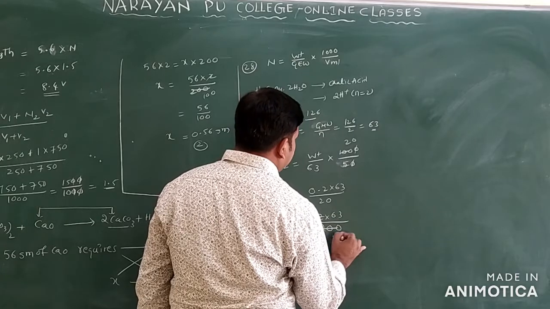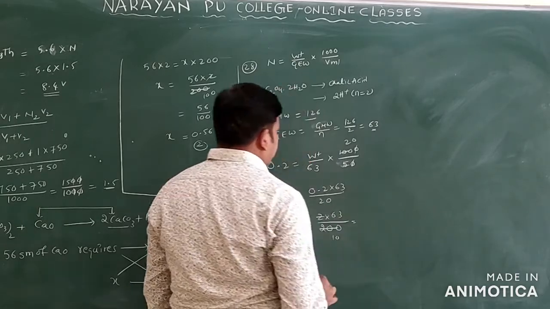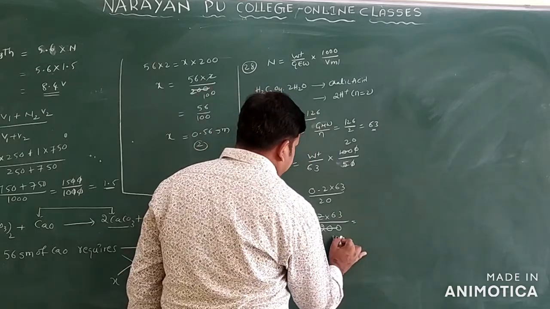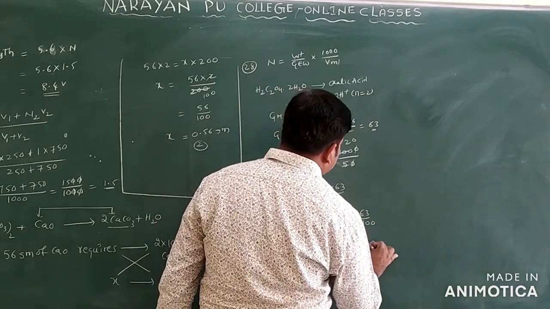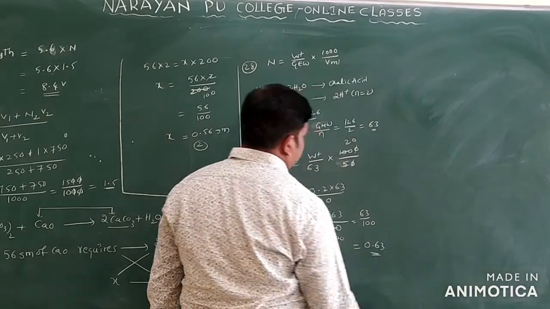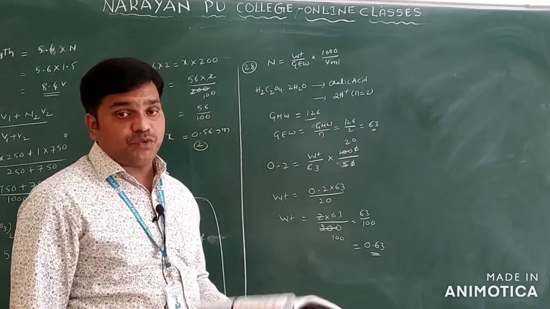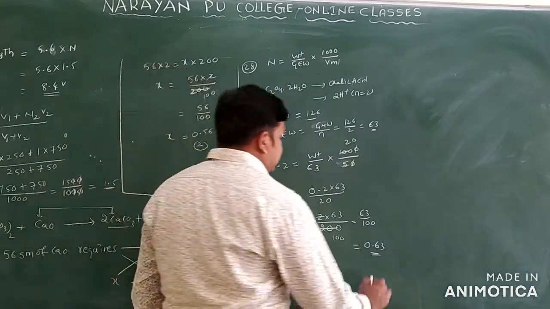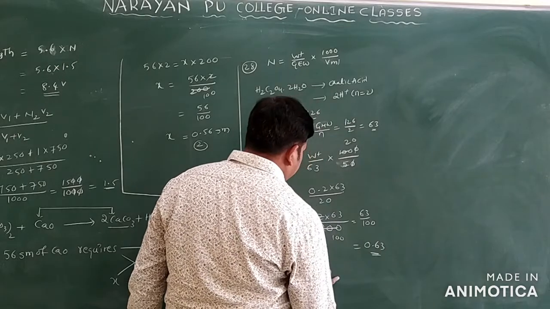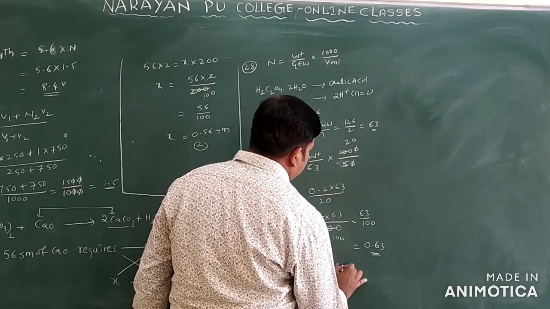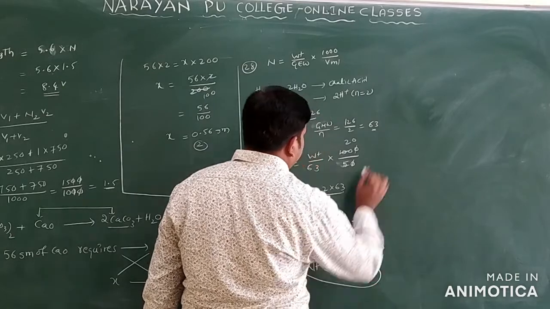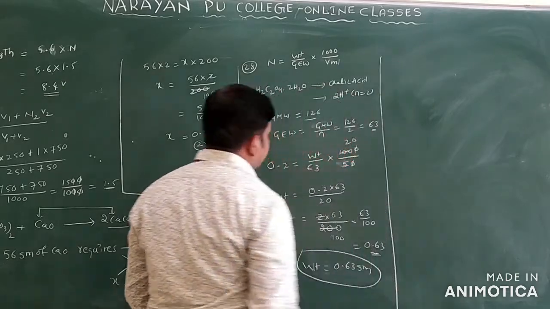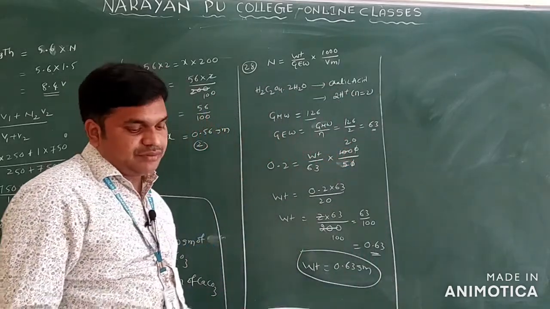So what will you get here? You can cancel by 100. Then you get 63 by 100, that is equal to 0.63 only. What is your answer here? 0.63 grams. It is weight only. So weight is 0.63 grams only. This is question number 28.